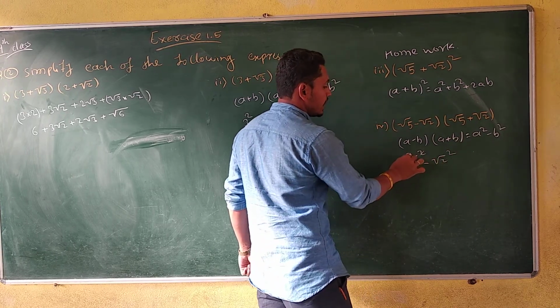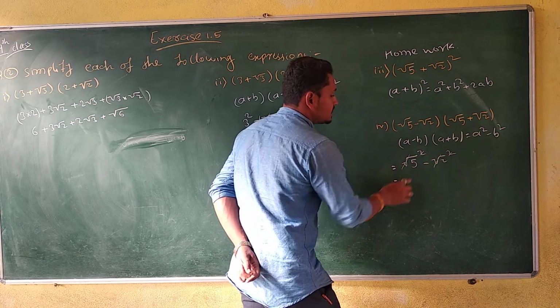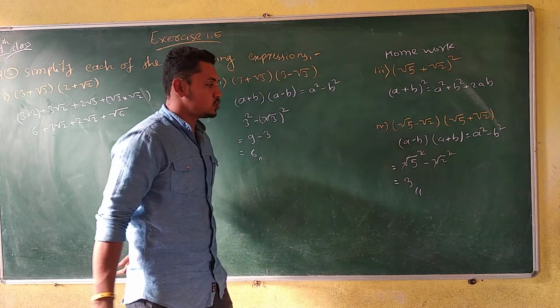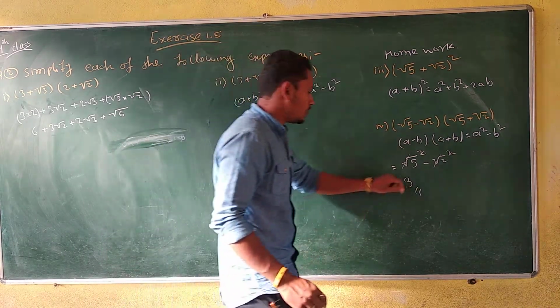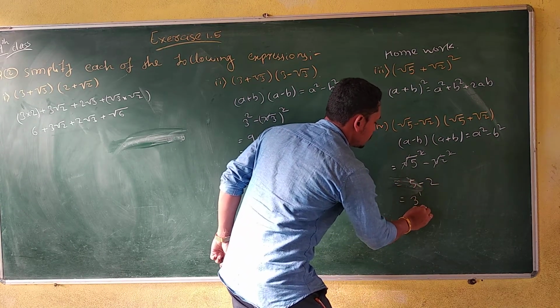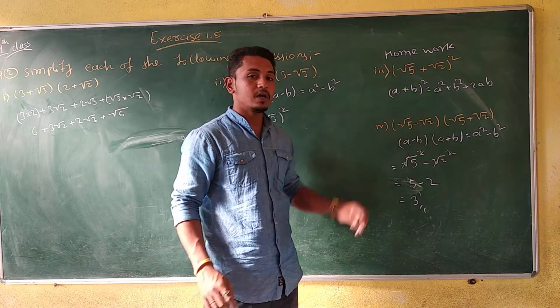Square and square root get cancelled. The remaining is 5 minus 2, which is equal to 3. This is your answer. Now question number 3 is your homework.